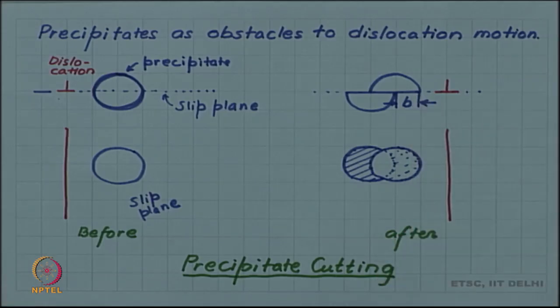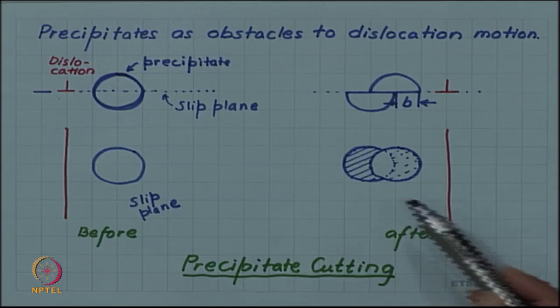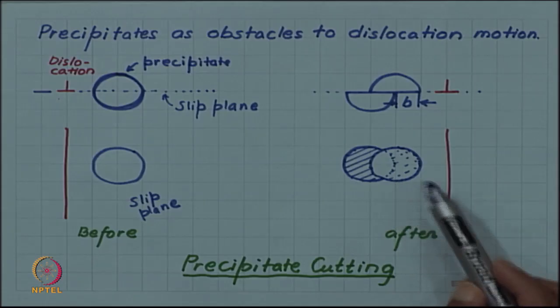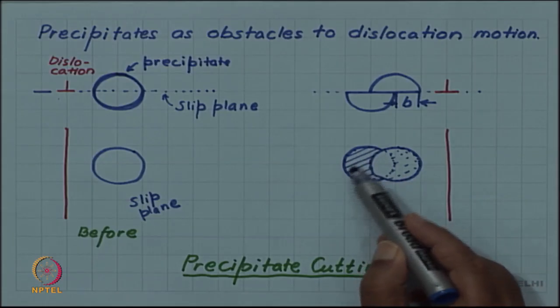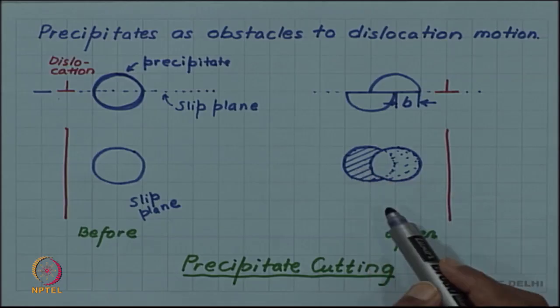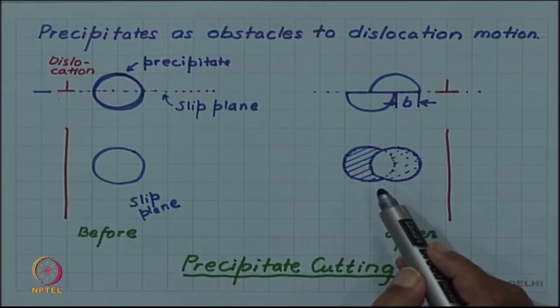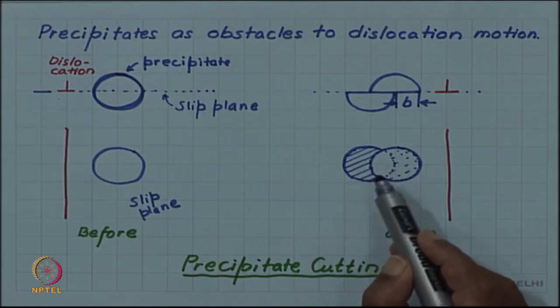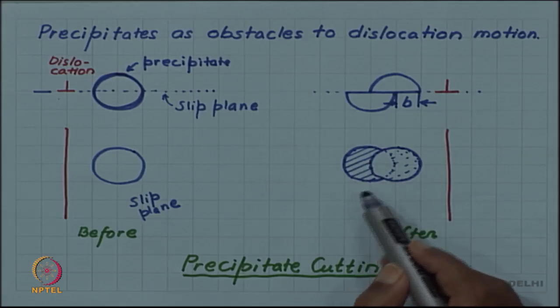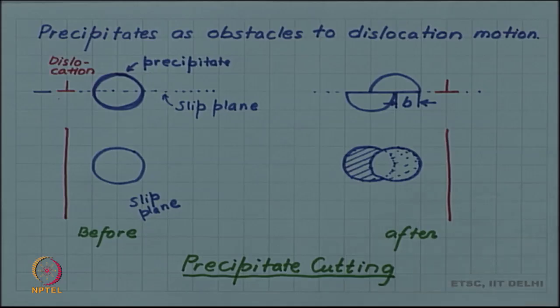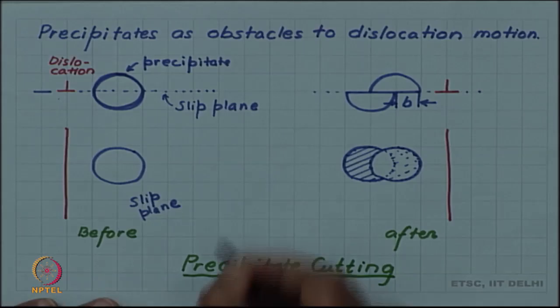In this cutting process, you can see from the plan view here that you will expose new surface area of the cut precipitate, and this new surface area is associated with extra energy. So, extra energy is required to create new surface area, and this will demand extra force for the dislocation to move.